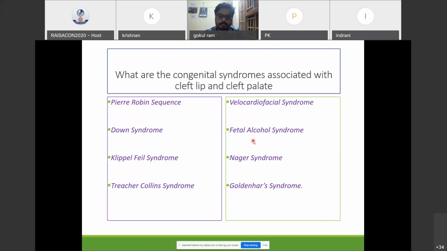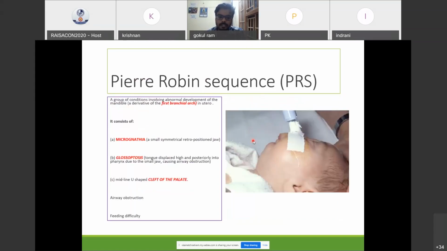Okay. Could you tell me a few features of Pierre Robin sequence? The important features are retrognathia, due to which there is glossoptosis or posterior displacement of the tongue, and an associated U-shaped cleft palate, sir.